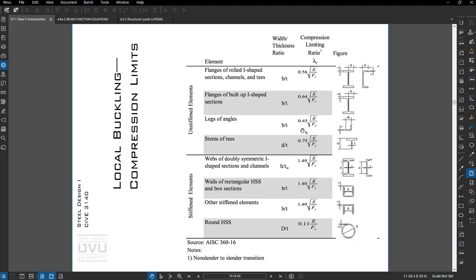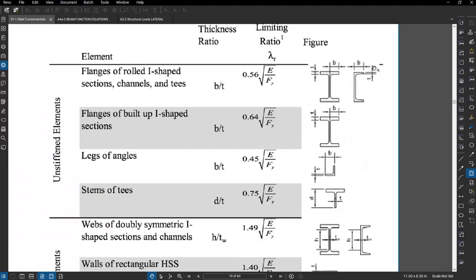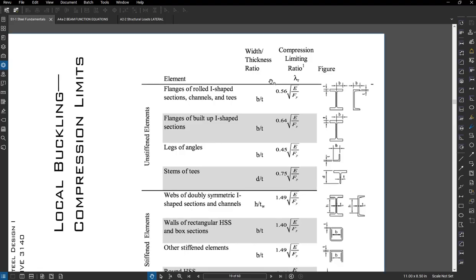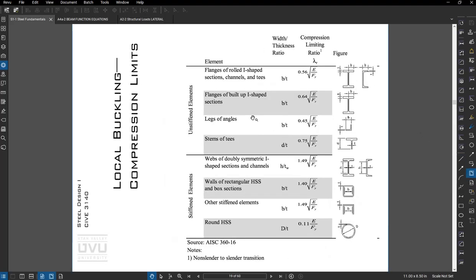So for, say, a wide flange, there's going to be a limit for how slender those elements can be, basically the B over T. So width from the center line to the edge divided by thickness has to be less than that in order to not have local buckling problems. If it does, you can still use them. You just have to reduce the stresses in those members.